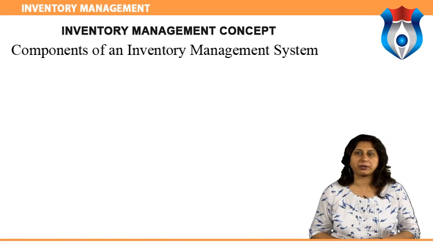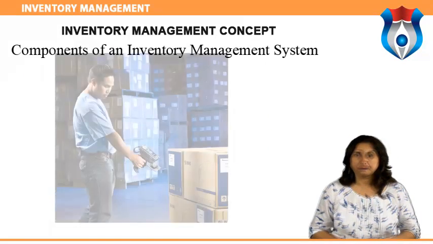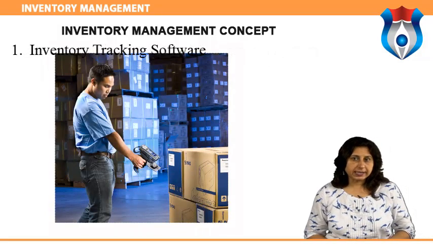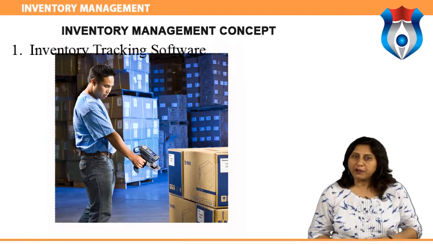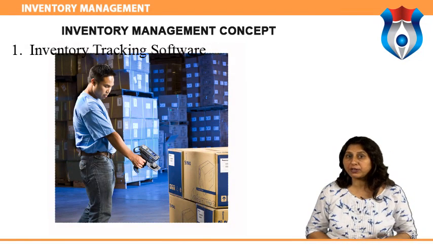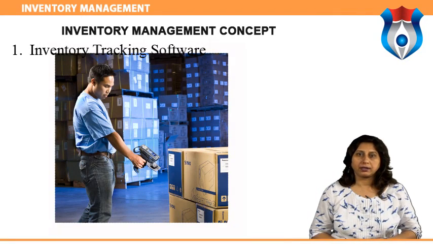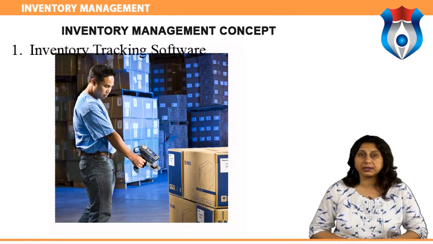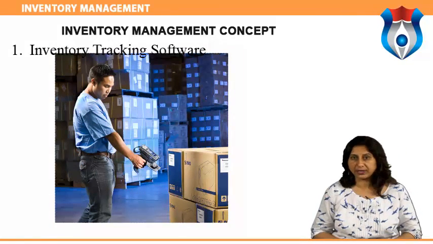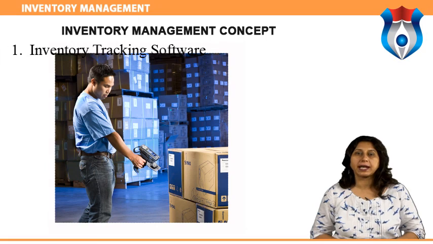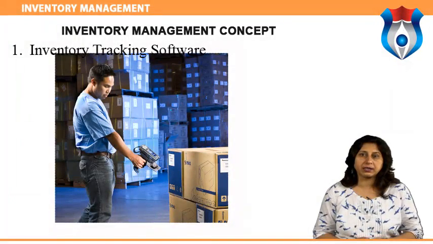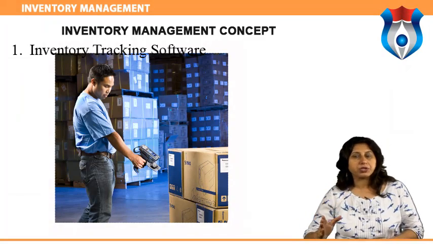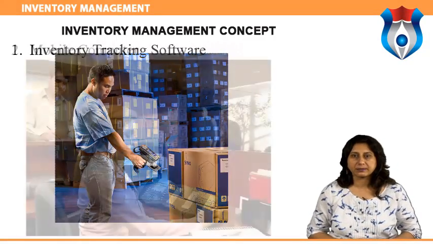Components of an inventory management system are: all inventory management systems consist of 4 core components. First component is inventory tracking software. The software you use will determine how you track your inventory. Support for real-time versus batch updates and the depth of reporting will determine which application is most appropriate for your business.